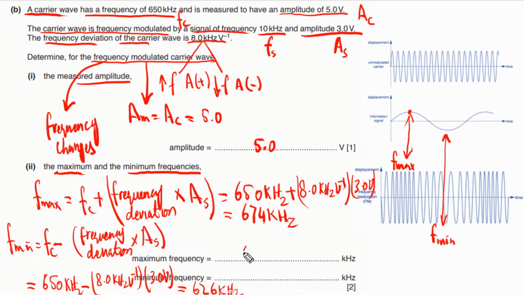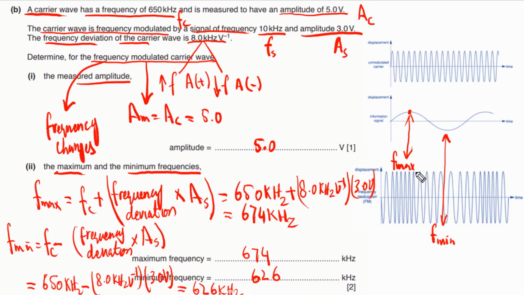So we can write the maximum frequency as 674 and the minimum frequency of the frequency modulated carrier wave as 626 kilohertz. So this is how you can answer.